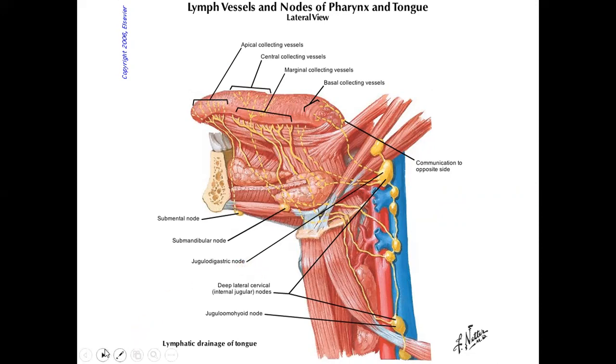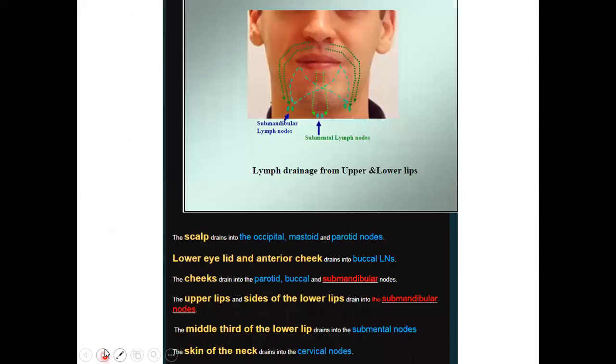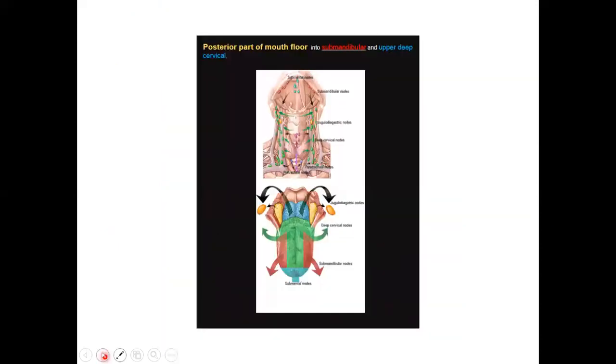And I think there are color-coded pictures that help you more with this. Where is it? So this one's very good for showing you the different areas of the tongue and what lymph nodes they drain to. So you're definitely going to want to know this one.